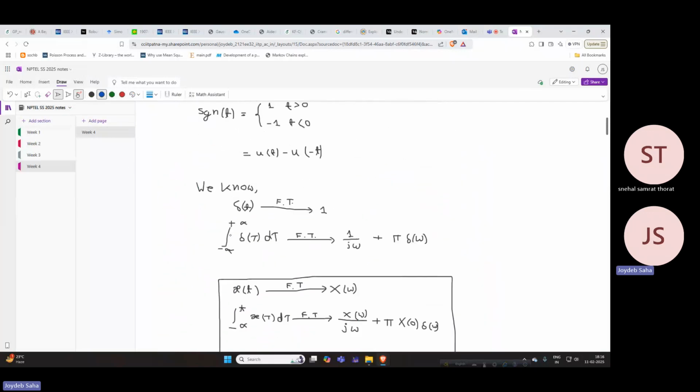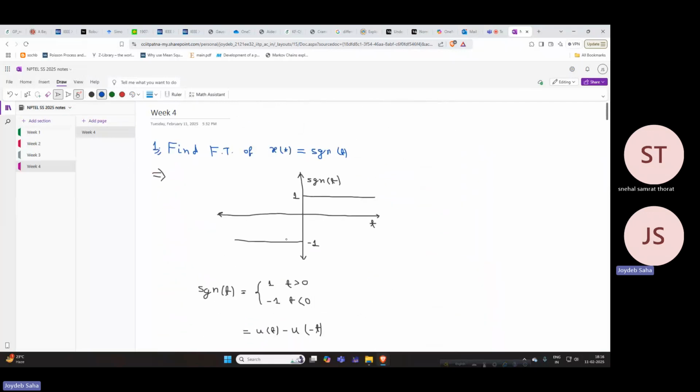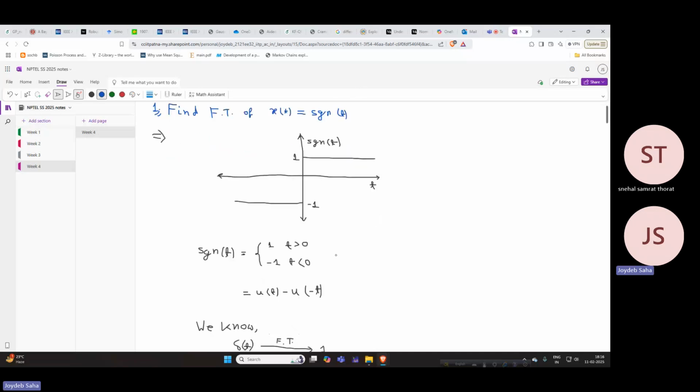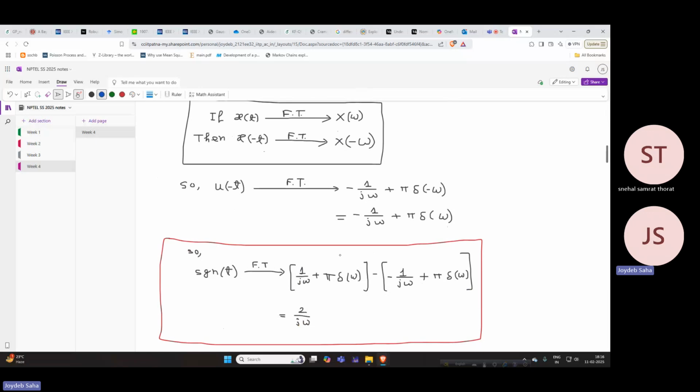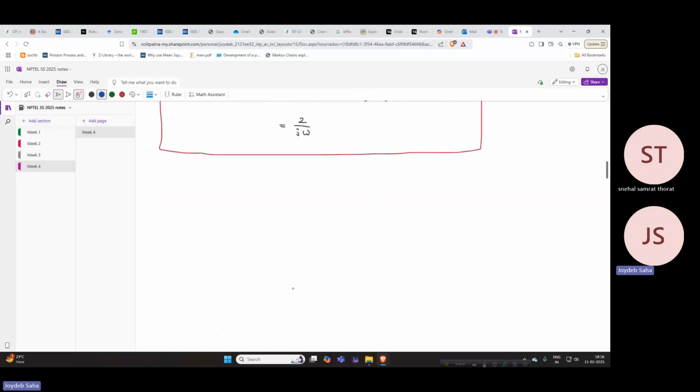So please have a look at this. It was a very lengthy problem, although a very simple problem. Our goal was to find the Fourier transform of sgn t, and we received the final result through the steps. Okay, hope you are getting it.